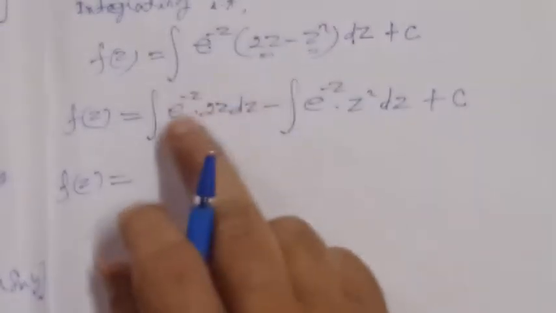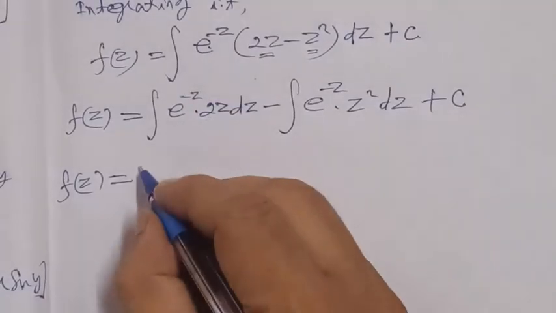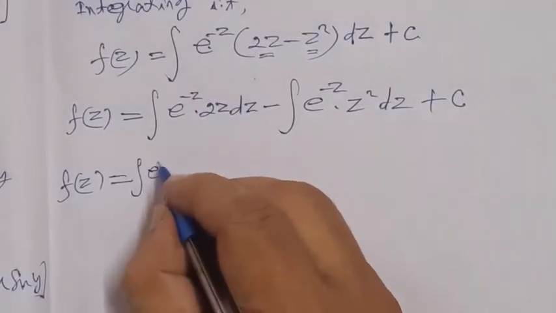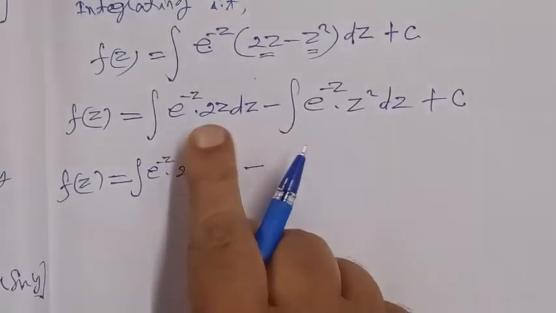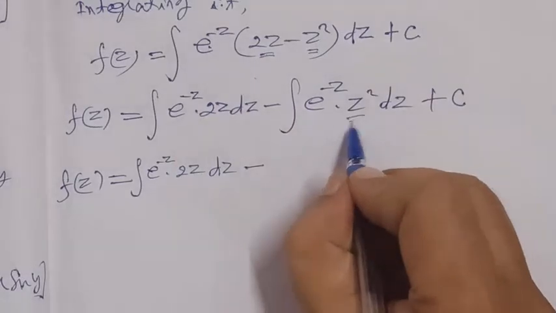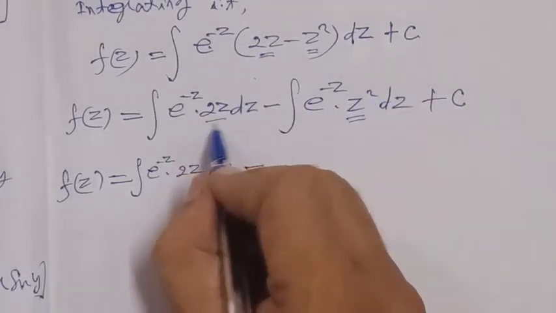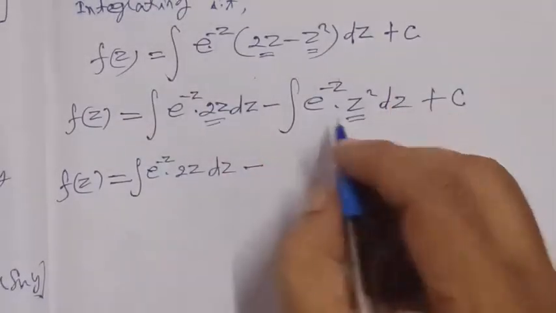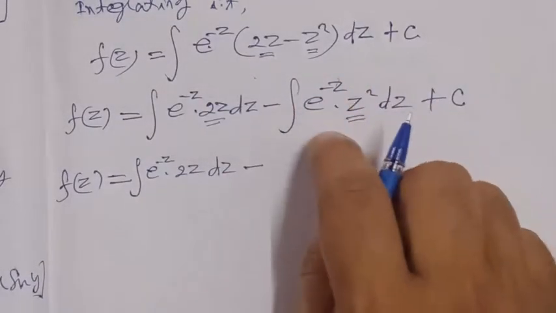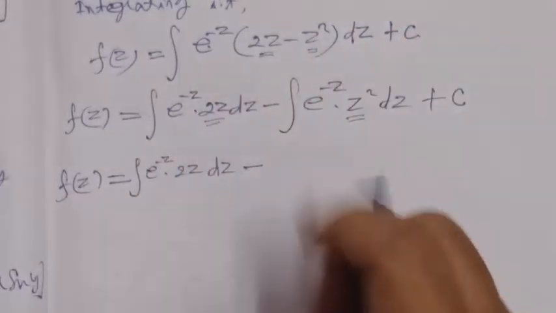So I leave it without any calculation here, and since the differentiation of z square is equal to this, and this equals e to the power z, we apply only integration by parts here.